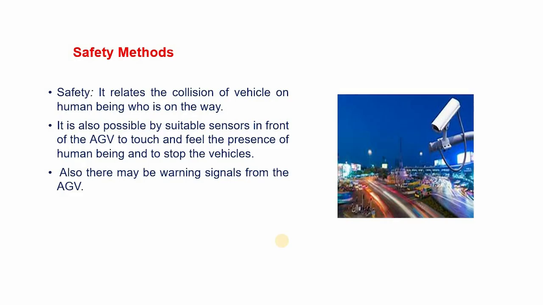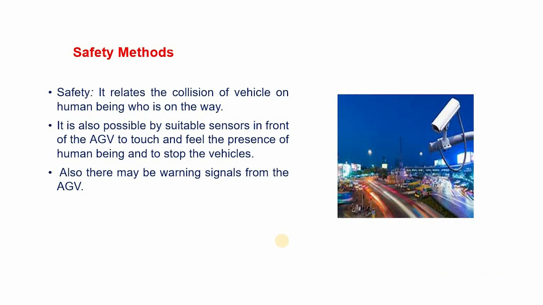Safety methods. It relates to collision of the vehicle with a human being who is on the way. So it helps to avoid collision of the vehicle with a human being in the same path. It is also possible by suitable sensors in front of the automated guided vehicle to touch and feel the presence of a human being and stop the vehicle.